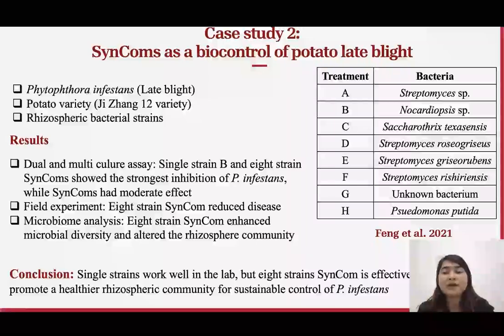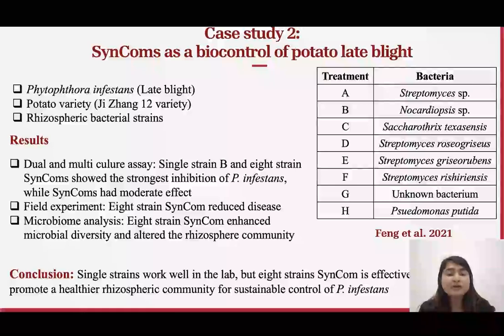Maybe you all have heard about this. To answer their question, they isolated 8 candidate bacteria from the rhizosphere of a potato field cultivating the Jizang 12 potato variety. They compared each single strain and dual strains to an 8-strain SynCom combining all of them.